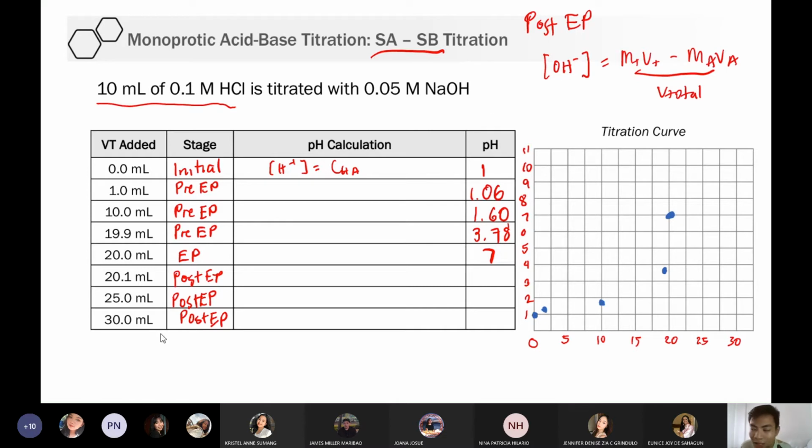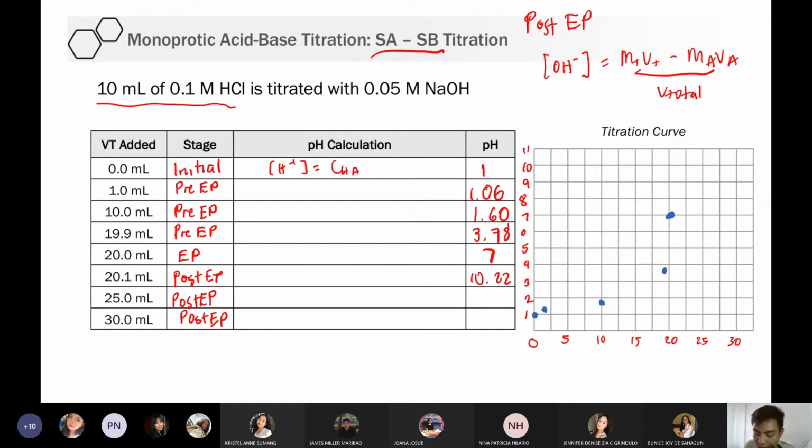Plug in ulit. Unahan ko na kayo para masagutan ko na yan. Okay, so this is 10.22.